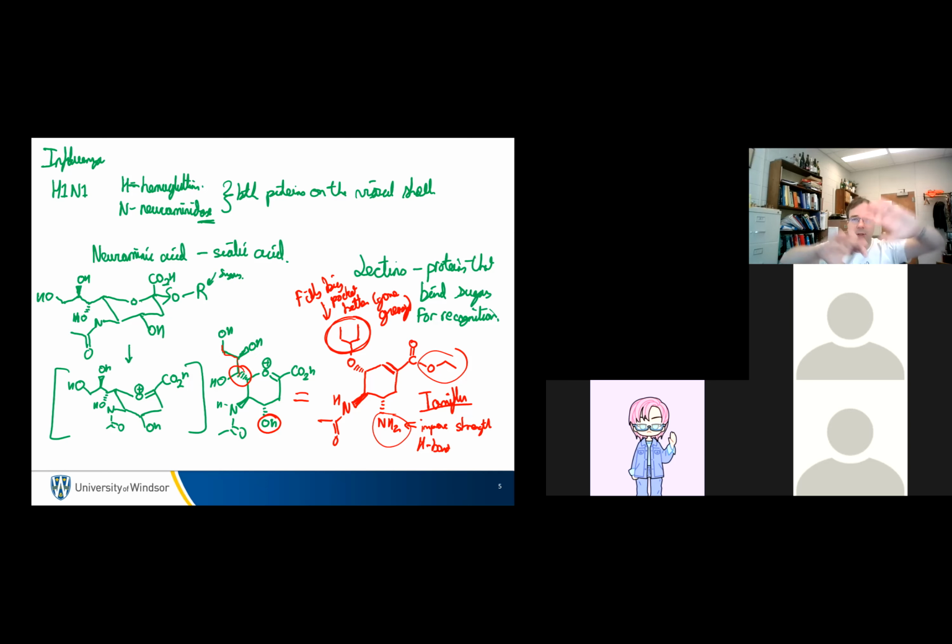Because they were just trying to find something that stopped the virus replicating, they weren't trying to block this particular mechanism. And this is one of the examples where we're looking at it going, okay, maybe we need to think about how we design drugs, because this was designable. This was rationally designable. You can figure out that this is what you want to make by knowing something about sugar chemistry and something about enzymes.